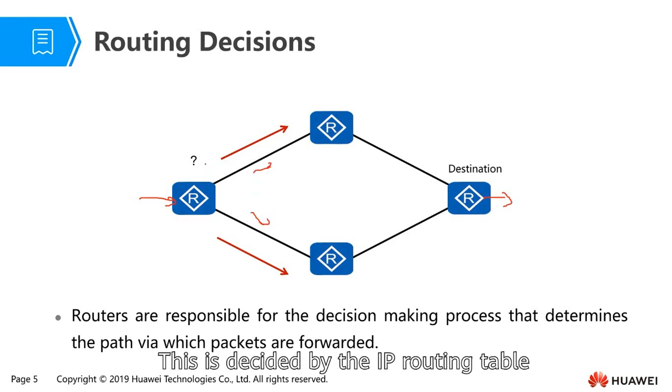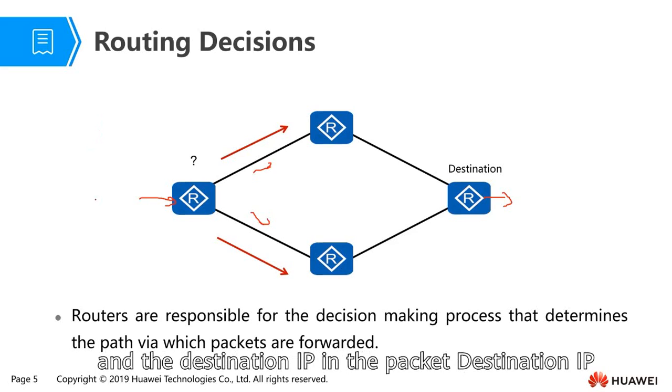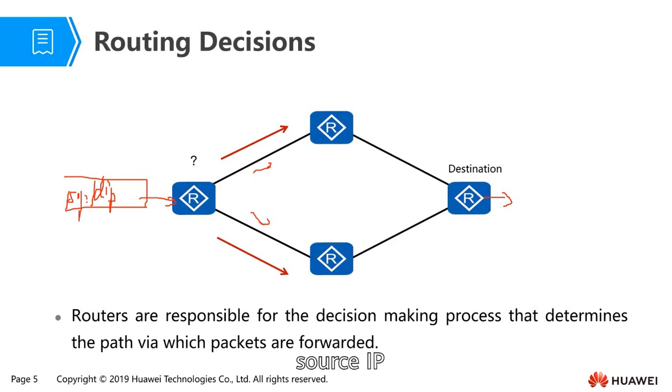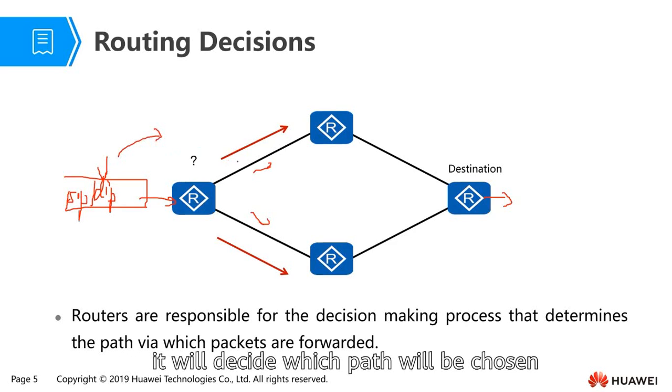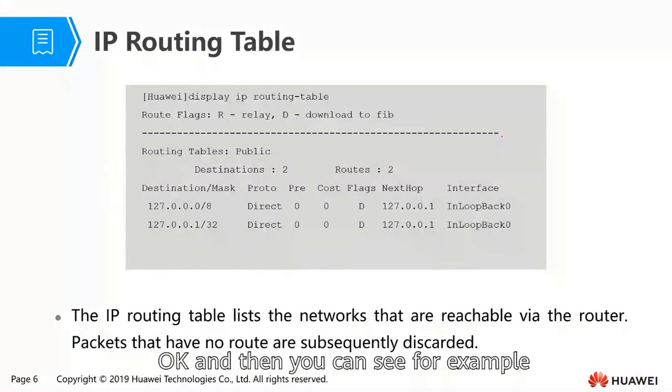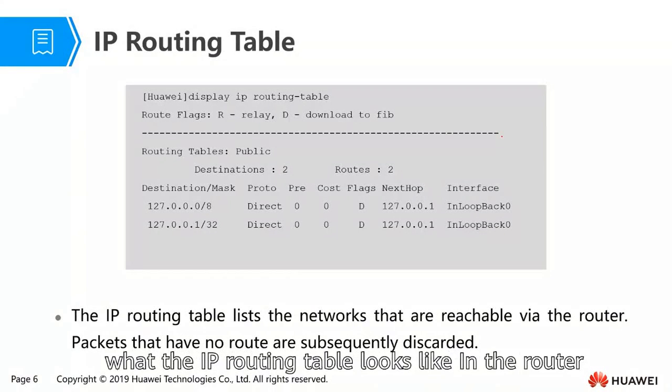This is decided by the IP routing table and the destination IP in the packet. The router finds the destination IP in the IP routing table, then decides which path to choose. Then we can see, for example, what the IP routing table looks like in the router.